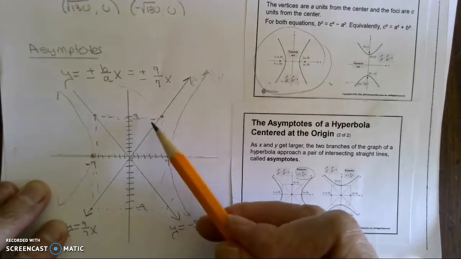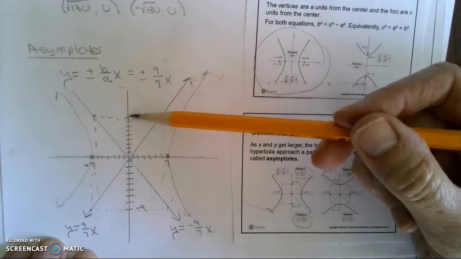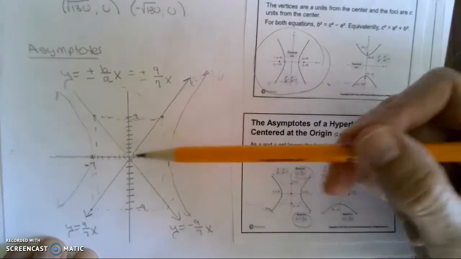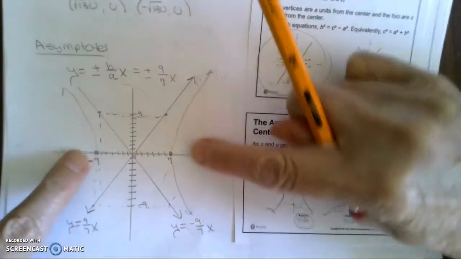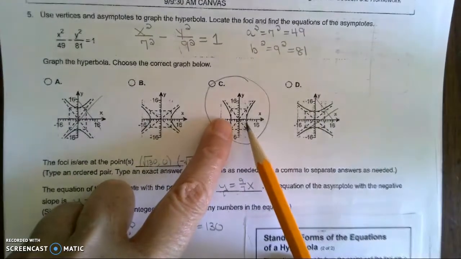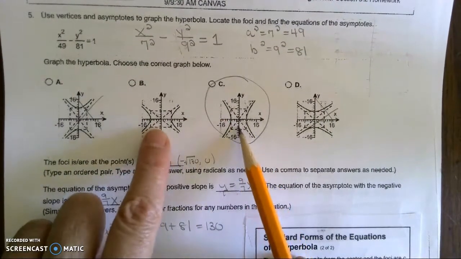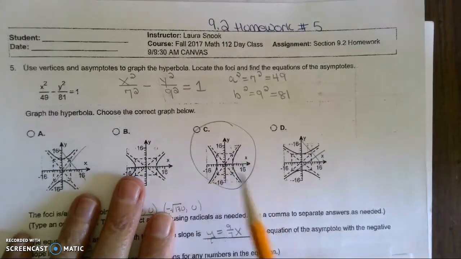They go through this one and this one and this one and this one. So if you look at this, this is 9. This should be wider than the 7. So in other words, this part of the rectangle should be bigger than this part of the rectangle. And that helps you answer the question. So for this one, it's wider here than it is here. So that's what makes you decide between these two. This is the correct answer for this one. So this is 9.2, number 5.